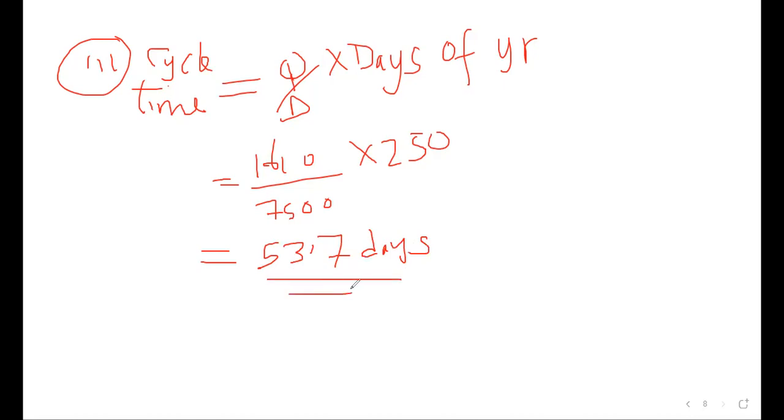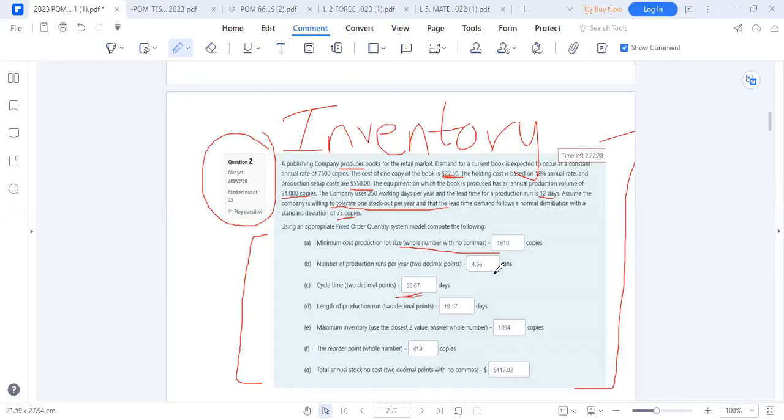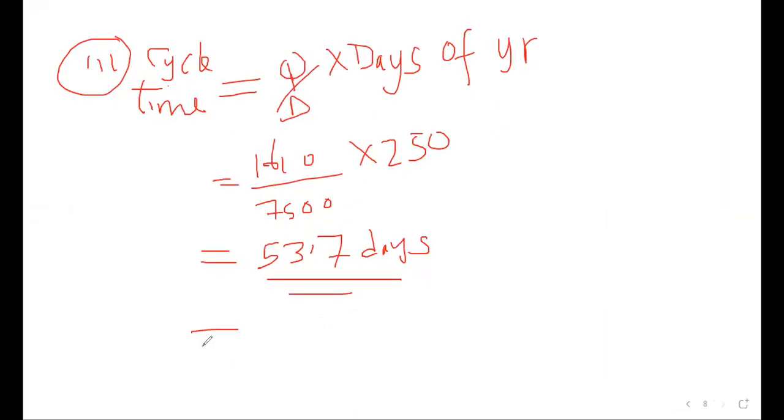So please, it's just about the formulas that we need here. All these answers, 157.67, we are confirming here. So you just necessarily need to understand. So here, approximately, 1610 divided by 75 times 250 is 53.67 days.